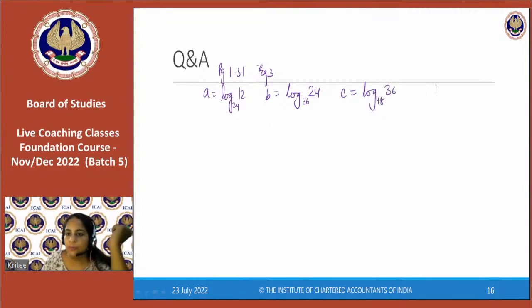We have to prove that 1 plus ABC is equal to 2 times BC. We'll take up LHS first.